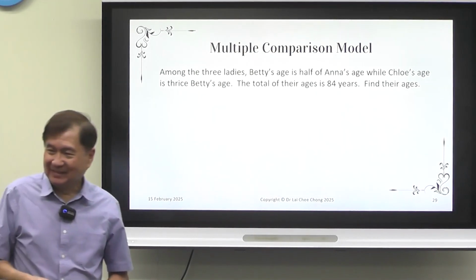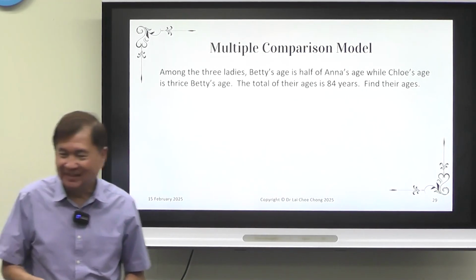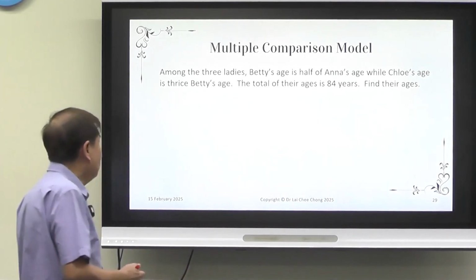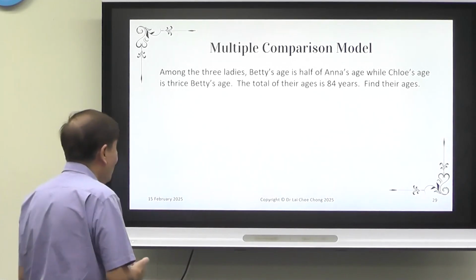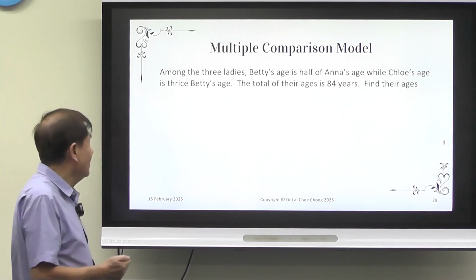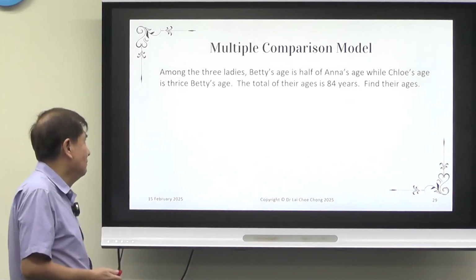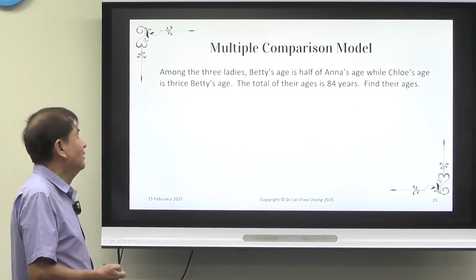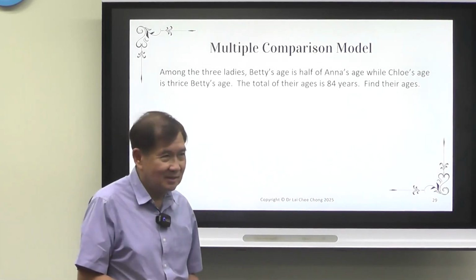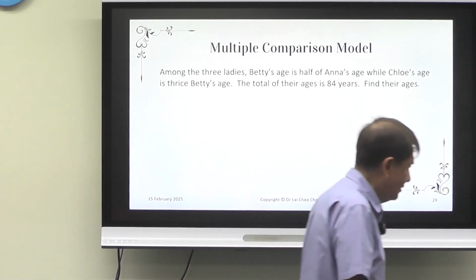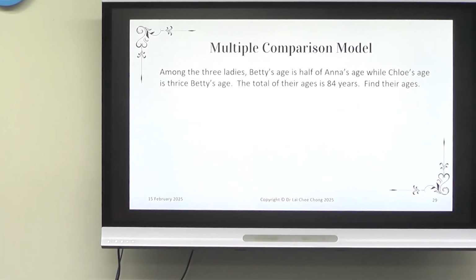Another comparison of 3 ladies, their ages. Betty's age is half Anna's age, while Chloe's age is 3 times Betty's age. The total age is 84 years. Find the ages. Now, 3 ladies, different ages.